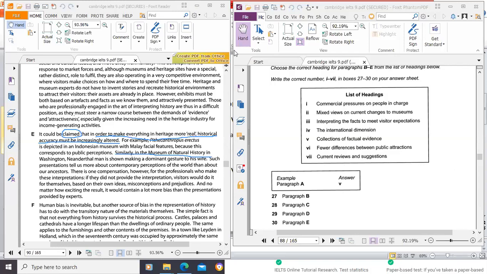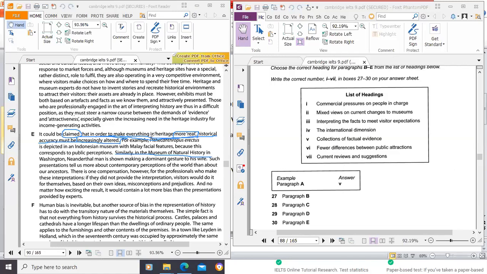This is quite important. More real to who? To the consumers. They need to make some increasing alterations. They need to make some changes, okay?